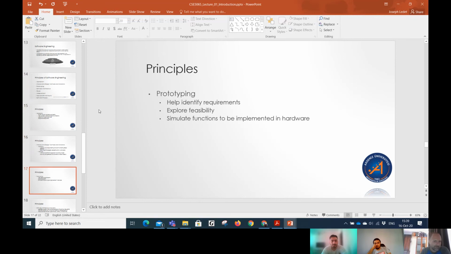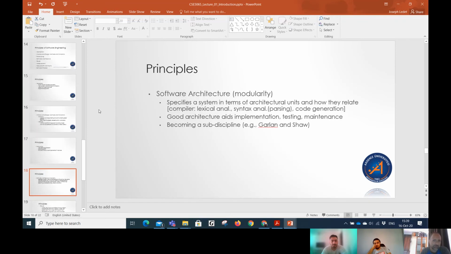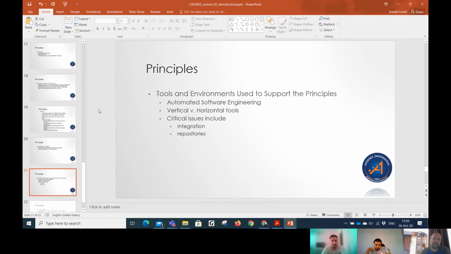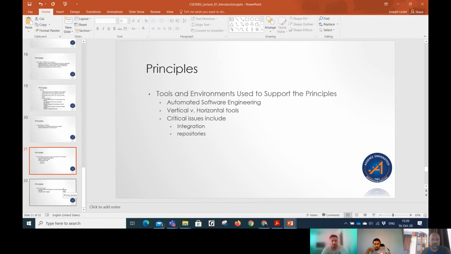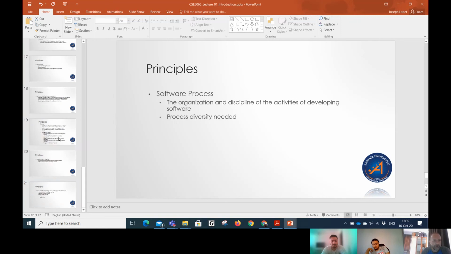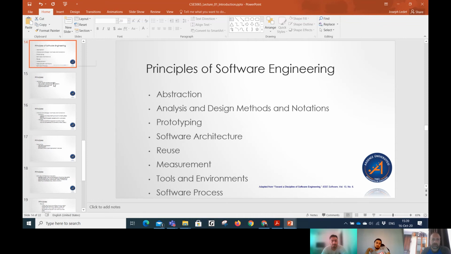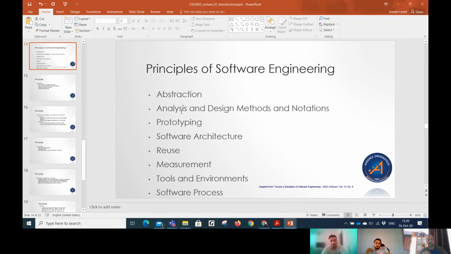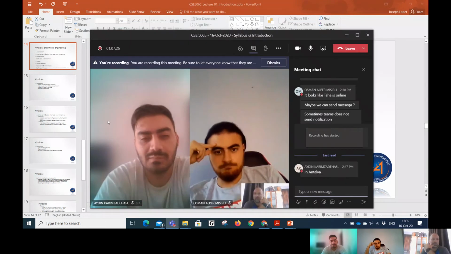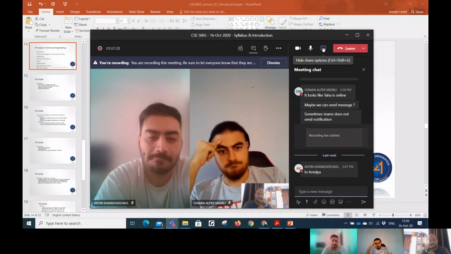I don't want to do too much on this first day because I just want to introduce the plan for how this course is going to be run. But I encourage you to look more into these eight bullet points, which are all expanded further in the next slides. Take a look at those to have an understanding of what software engineering is all about.